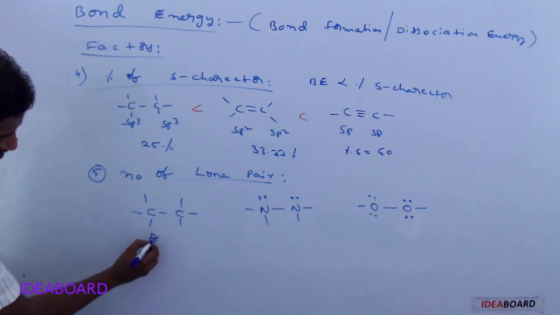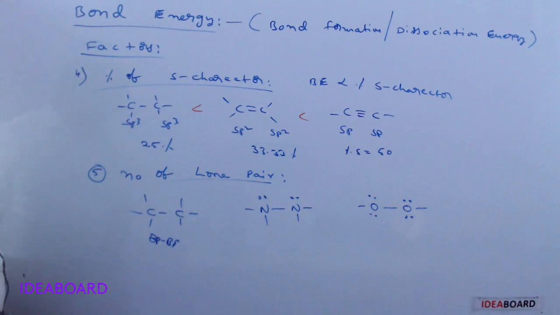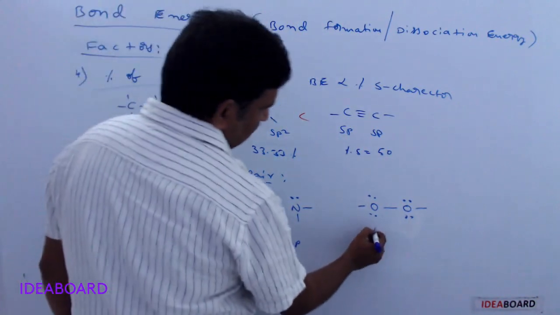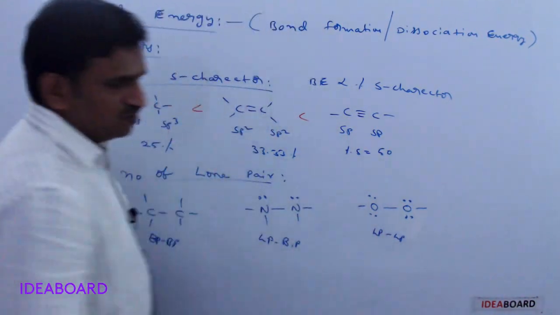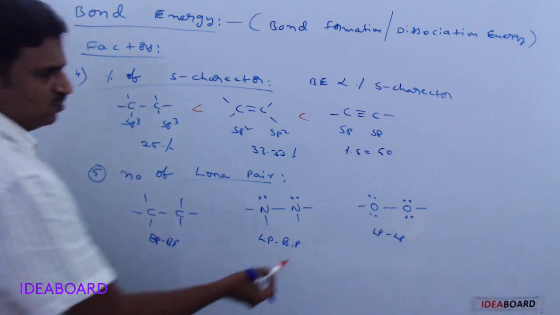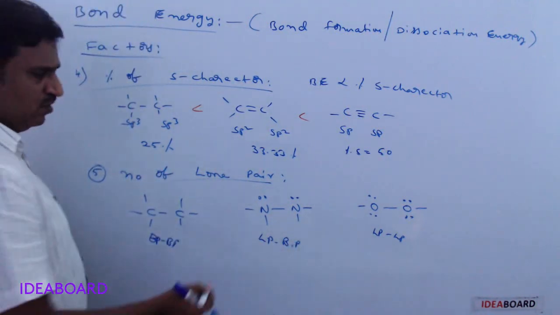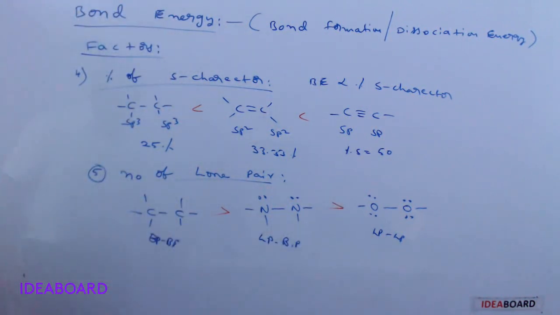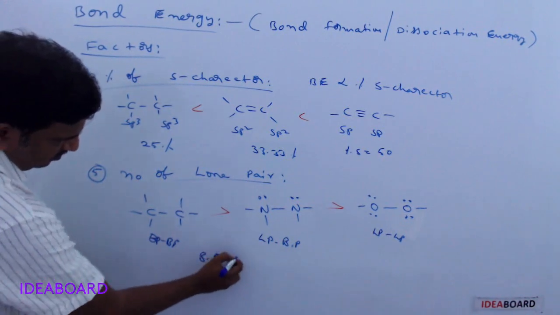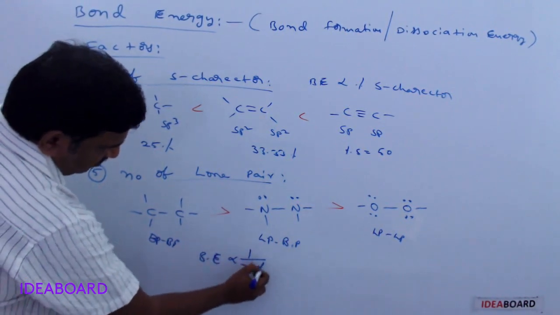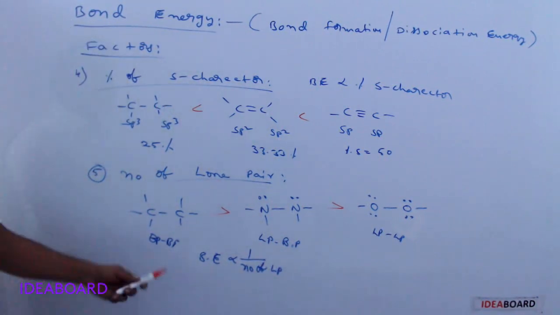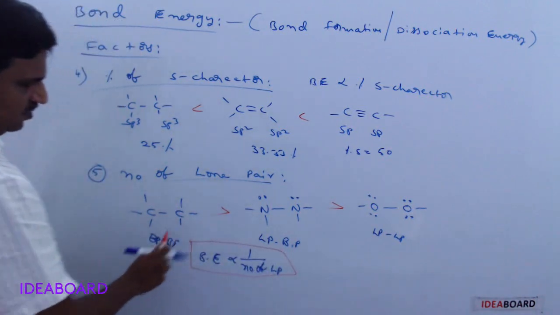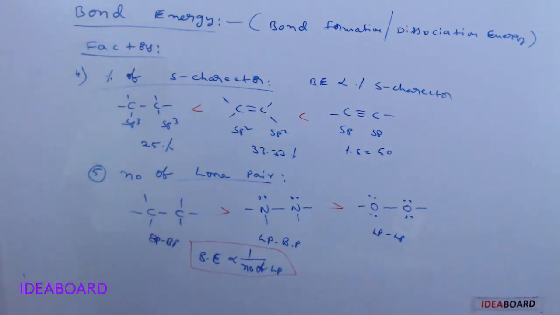Only bond pair repulsions. Here there are lone pair, bond pair repulsions, and here there are lone pair repulsions also. Whenever the repulsions are more, that bond becomes unstable. So when the number of lone pairs is less, bond energy is more. Please remember this.